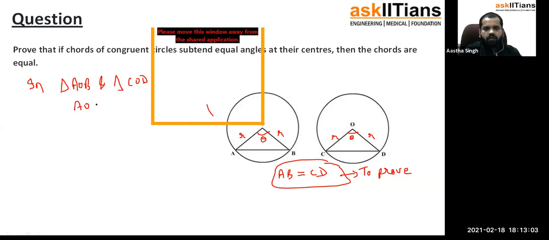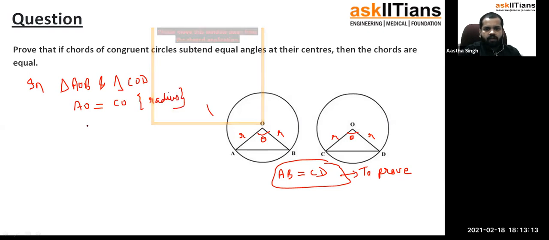So AO is equal to CO. Why? Because radius, right? AO is equal to CO, and OB is equal to OD. Why? Because of the same reason, radius, right?